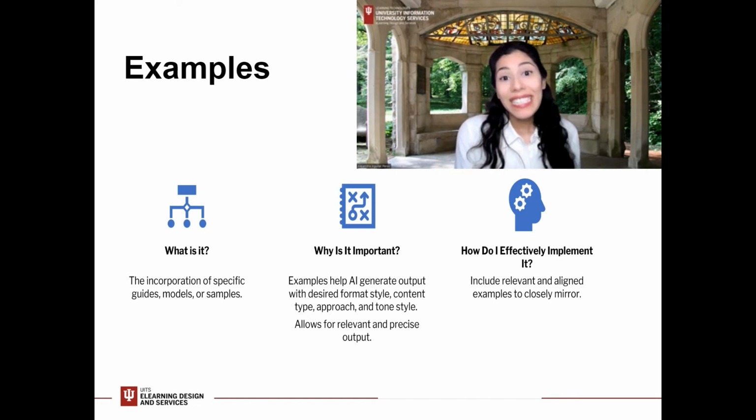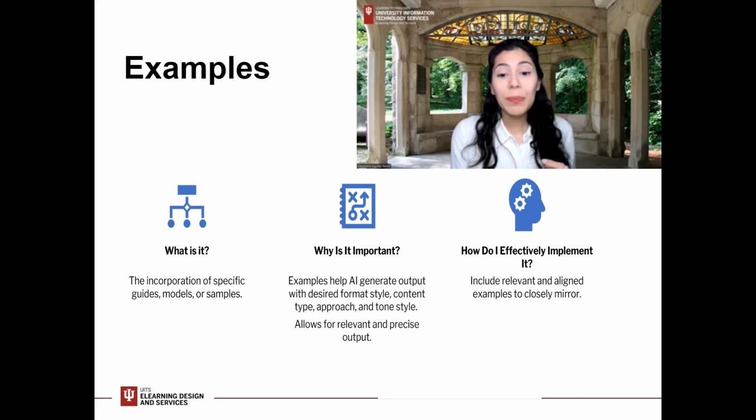It's key here to select those examples that are aligned to your specific goals, and ensure that you are telling the AI how you want it to use those models. Again, the point here is that the AI model won't have to do as much guessing because we're telling it exactly how we want to use these examples.